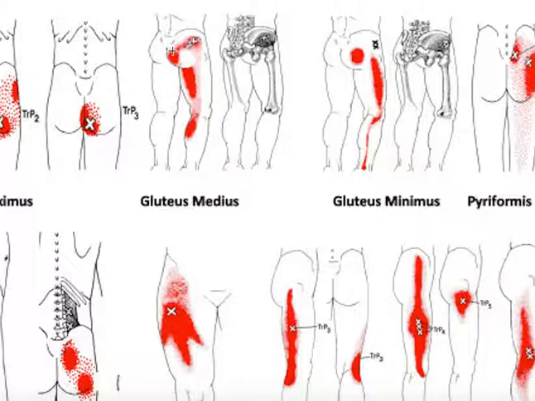And what they link to is a trigger point, X marks the spot, and then you see where the pain was referred from that trigger point. So when the therapist pressed onto the trigger point, or the myofascial pain was being referred from that trigger point, this was the pattern of their pain.